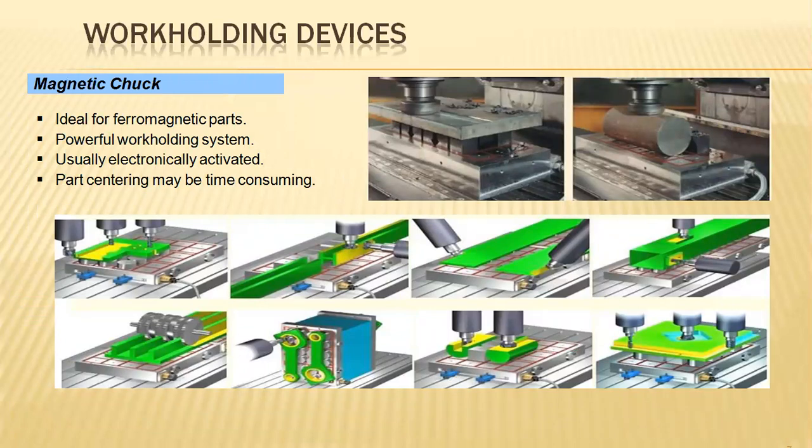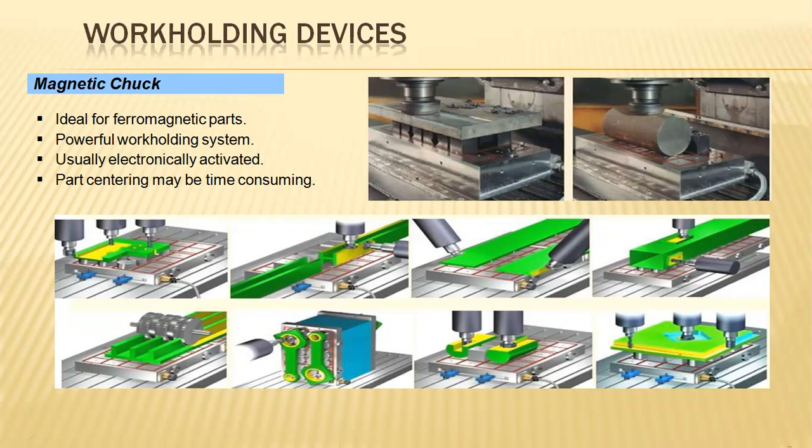The next type is the magnetic chuck. Particularly, you'll have the ferromagnetic parts which are inducing, in order to hold without movements, getting a magnetic power in order to hold the objects very tightly. Hence, we can say it has very powerful holding capability.